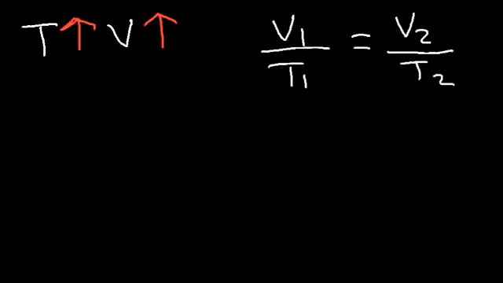And according to Charles' law, you can use this equation: V1 divided by T1 is equal to V2 divided by T2.